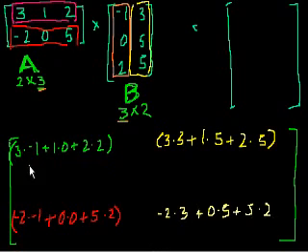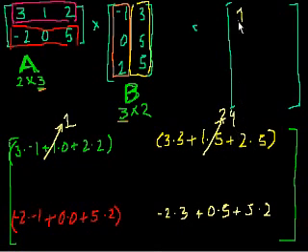And then if we simplify it, if my math is correct, the first entry is 9 plus 5 is 14 plus 10 is 24. Then minus 2 times minus 1 is 2, plus 10, so this is 12. And then minus 2 times 3 is minus 6, plus 0, plus 10, so that is 4.